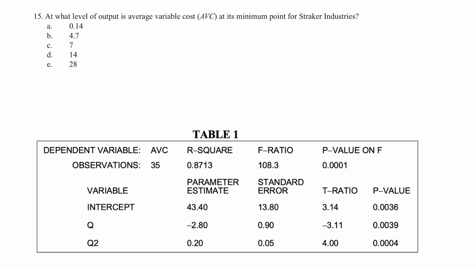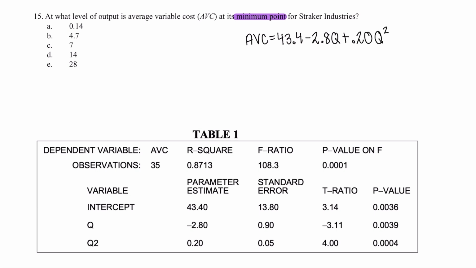15 says, at what level of output is average variable cost at its minimum point? So we're going to use our average variable cost formula that we found on the previous question, which was 43.4 minus 2.8 Q plus 0.20 Q squared.